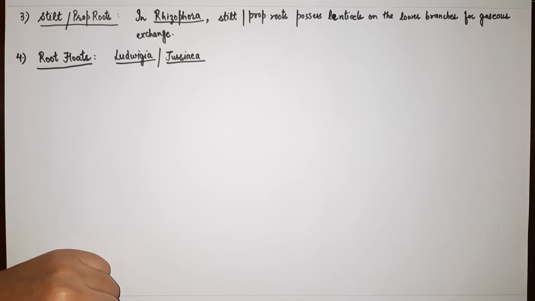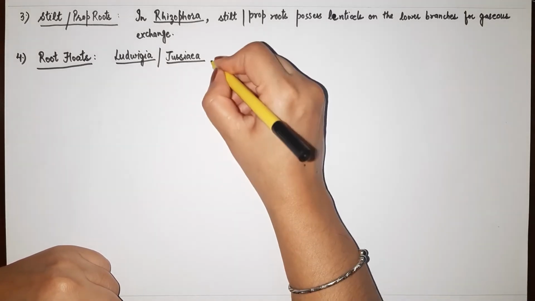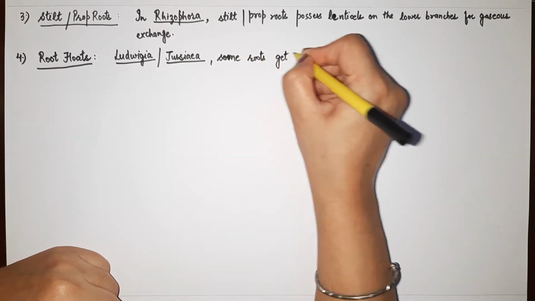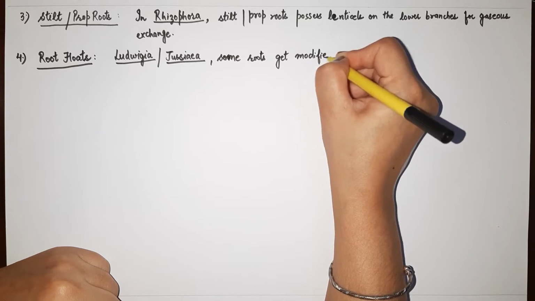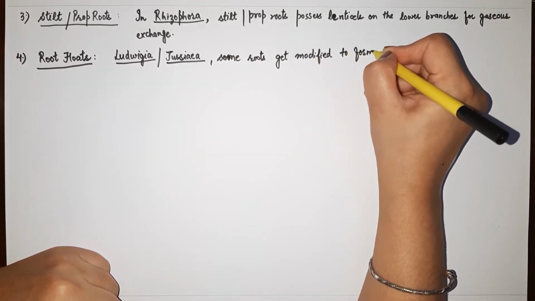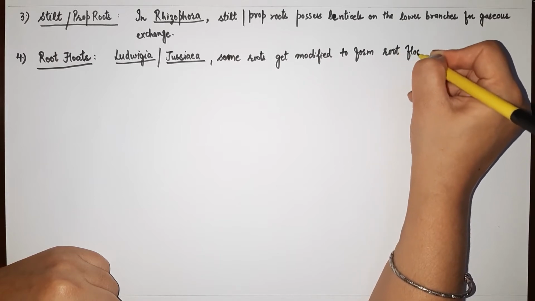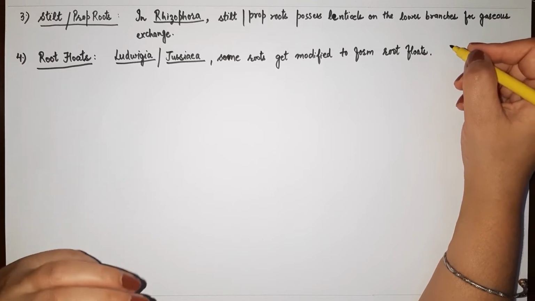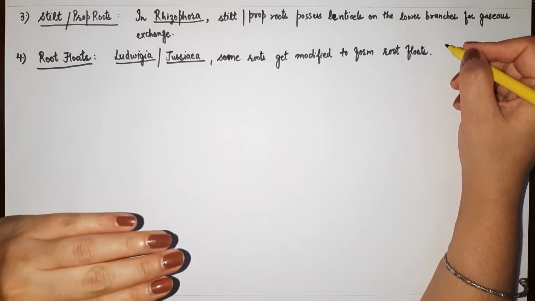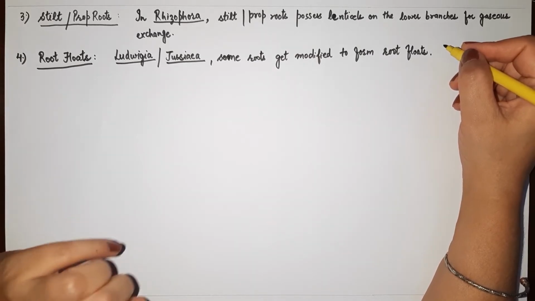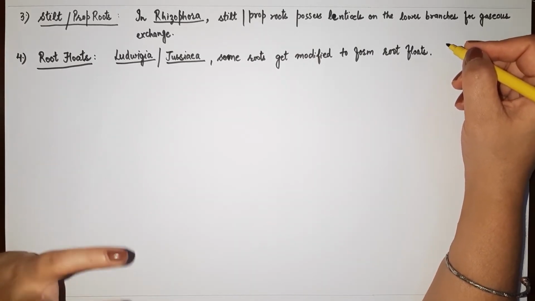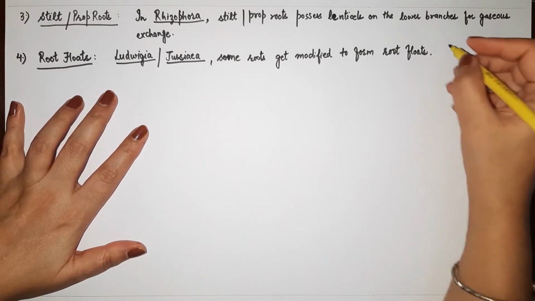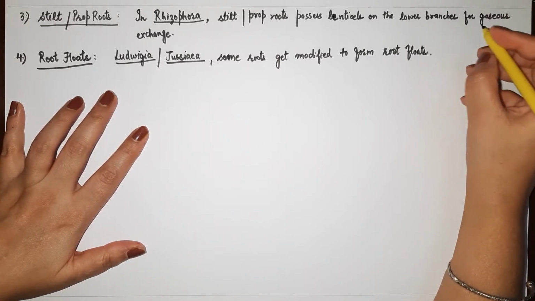So, in this hydrophyte, some roots get modified to form root floats. Okay. So, these are the structures, we will make its diagram also. These are the structures which are present above water level. So, they help in floating as well as they have abundant aerenchyma which helps in aeration. So, they serve a dual purpose. So, these are called root floats.